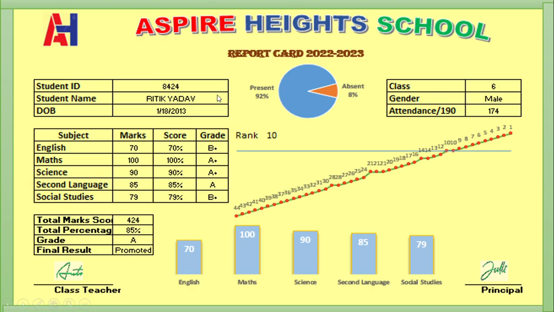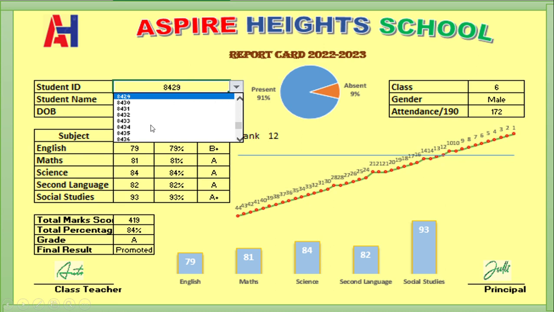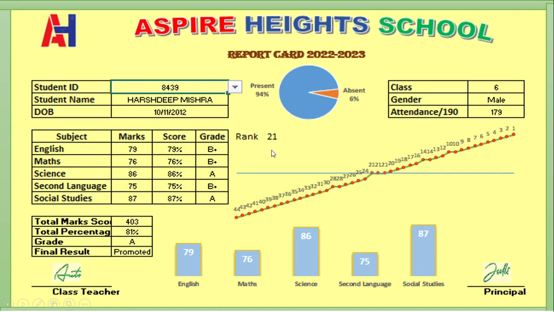So here we get a drop down. Whichever class is selected, the admission numbers for that class are listed. When you select the admission number, you get the details of that student, his attendance and his overall ranking. So here you see this boy got 87 in two subjects and 70, and his rank is 21.